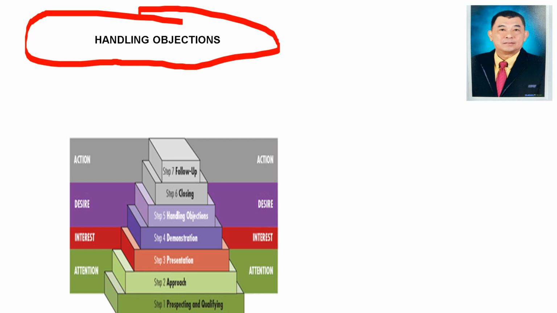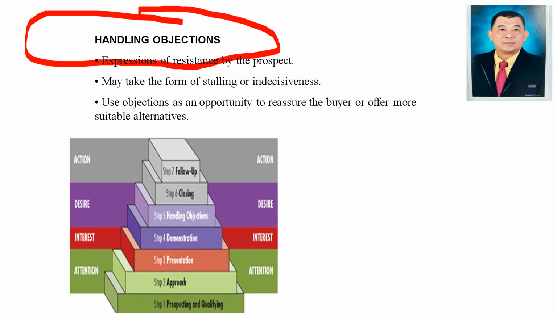So handling objections is another important step in the AIDA model. Expressions of resistance by the prospect may take the form of stalling or indecisiveness. Use objections as an opportunity to reassure the buyer or offer more suitable alternatives. Again, it is very important to know that resistance is not a signal that the customer is not interested in your product. Once you resolve these resistances, there is a pretty good chance that you are going to make and close the sale.